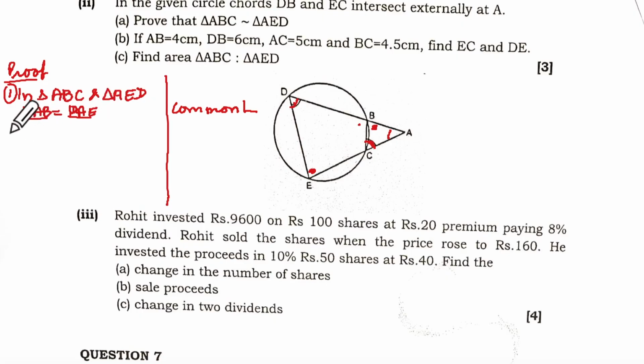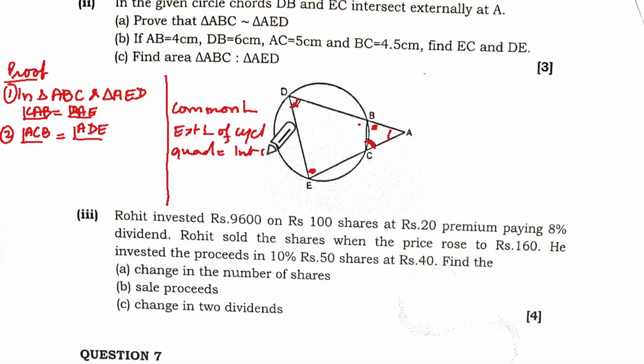Understanding? We come to statement number 2. Angle of small triangle ABC, this one, ACB. Look at your own diagram, and it will be equal to this, means ADE, and what you will say, exterior angle of cyclic quad equal to interior opposite angle.